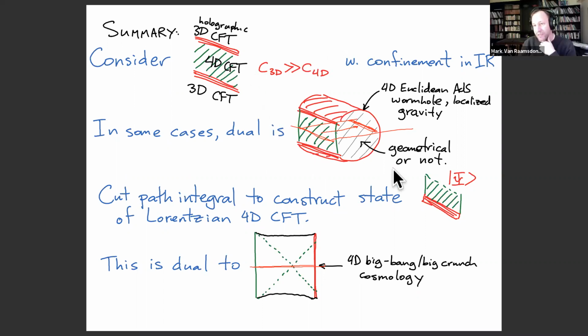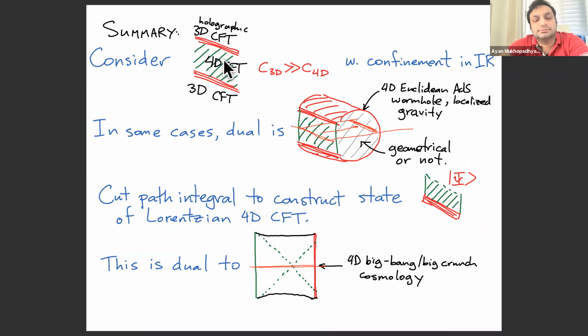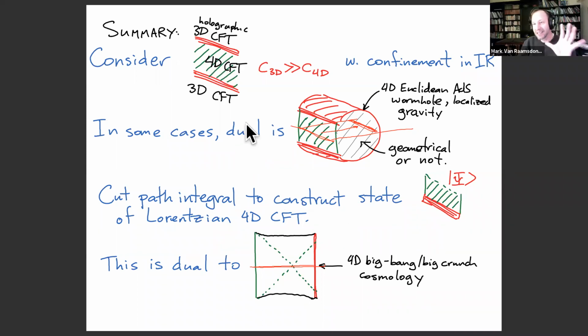Yeah, that's a good question. You mean in this Lorentzian picture on the top? Yes. There's a very interesting point, which we've just realized recently: certain observables in this static Lorentzian picture correspond to other observables in the cosmology picture.